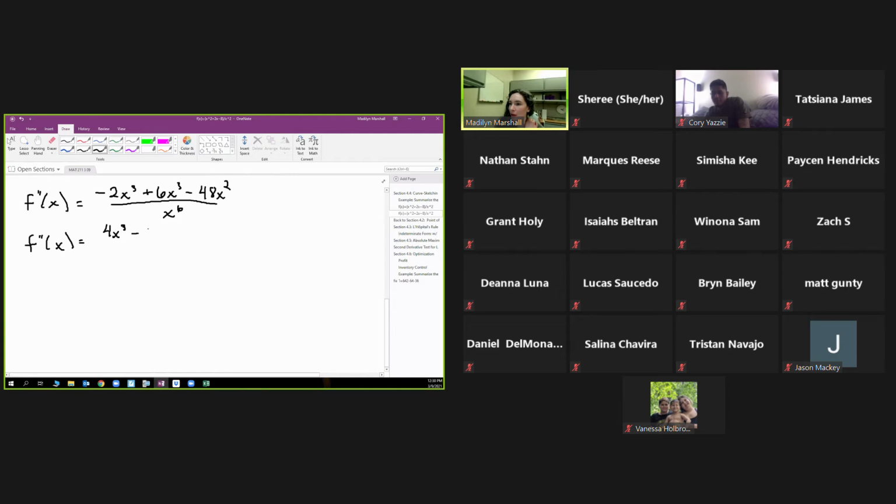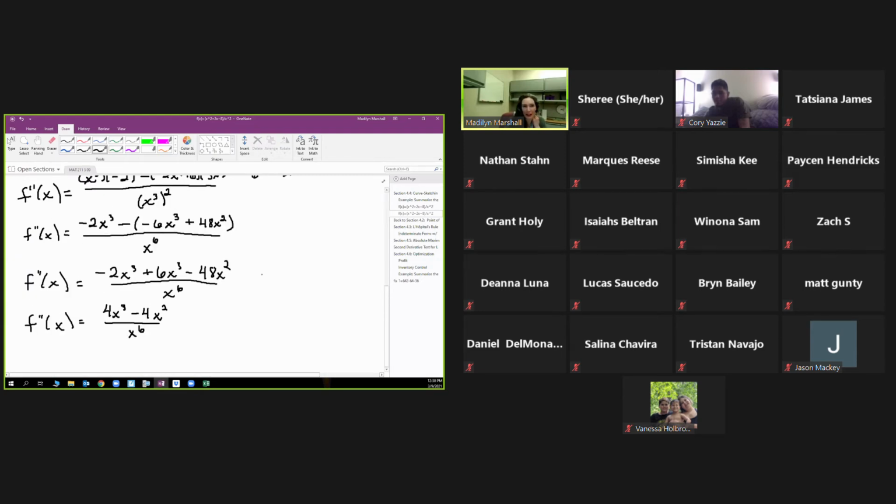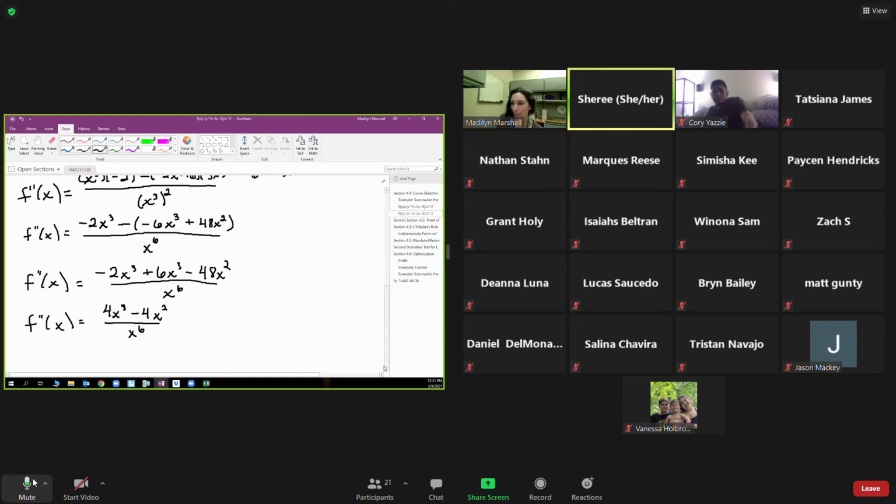So we have 4x cubed minus 48x squared all over x to the 6th. So this is just the quotient rule of plugging all of the t, t prime, b, and b prime into our quotient rule. But there's one last thing that we need to do here.